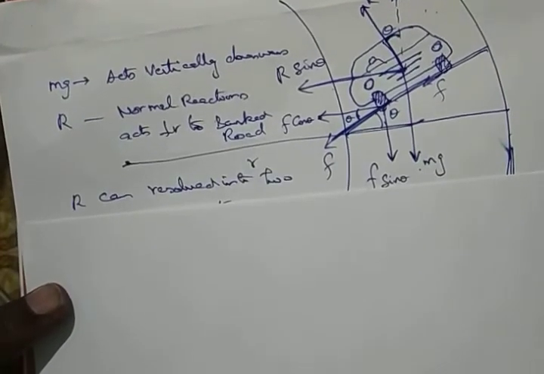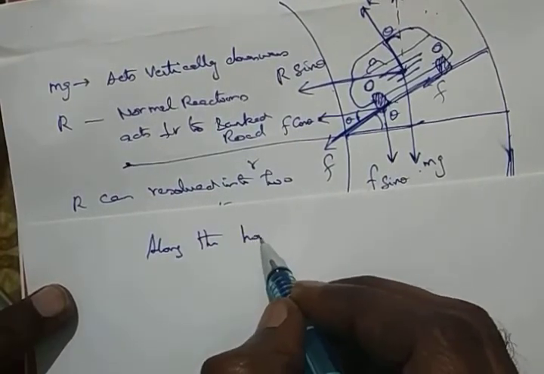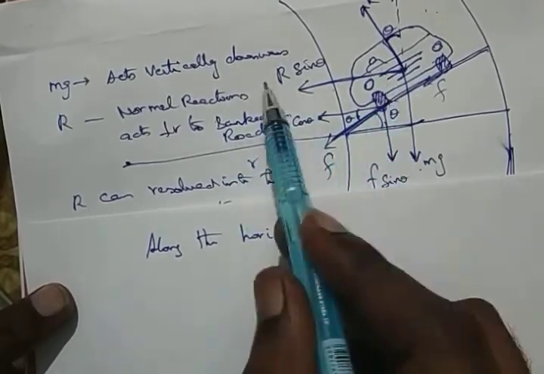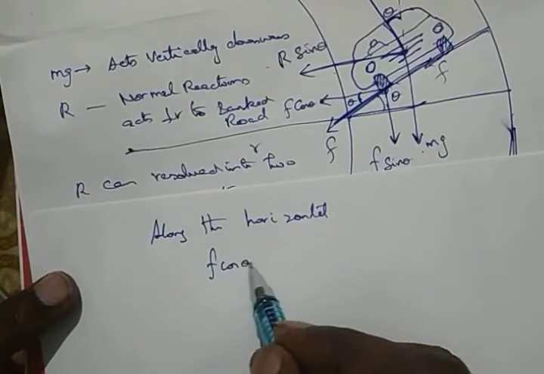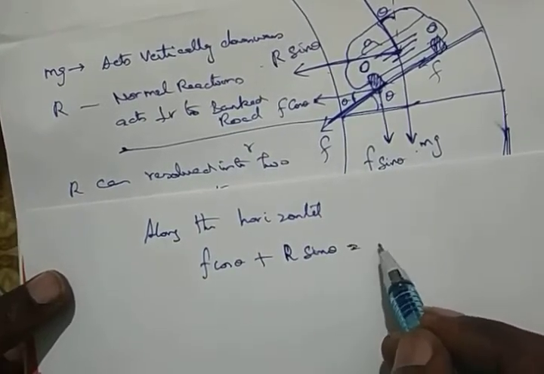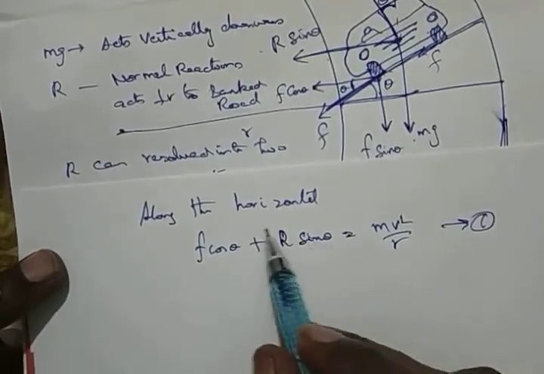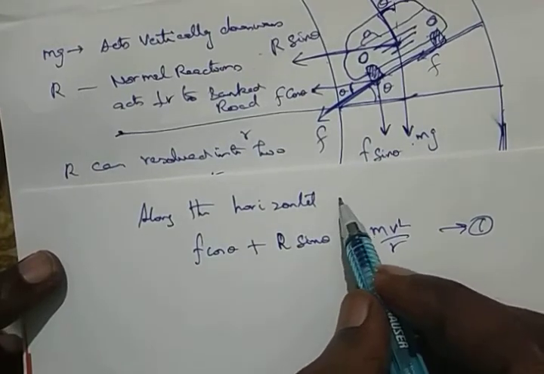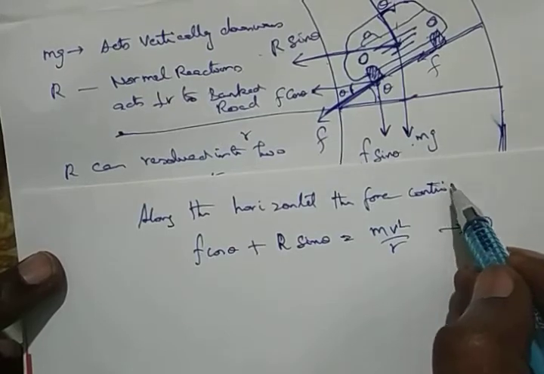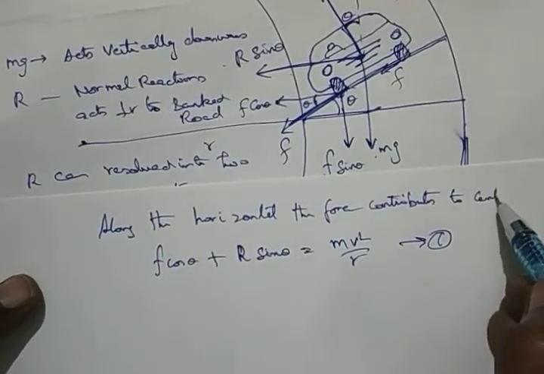The first equation is along the horizontal. Along the horizontal, F cos theta plus R sin theta is equal to mv square by r. Along the horizontal, the force contributes to centripetal force.